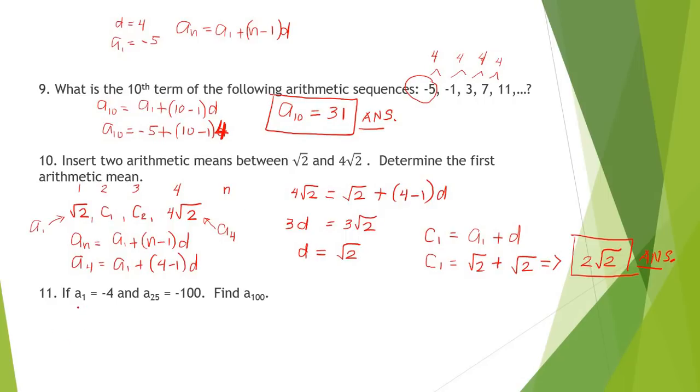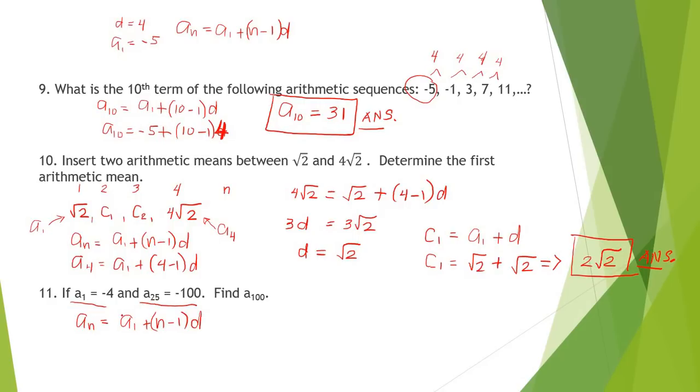Another illustrative example: we have a1 equal to negative 4 and the 25th term equal to negative 100. We are required to find the 100th term. Given this information, we can target to solve for d. So we have an is equal to a1 plus n minus 1 times d.